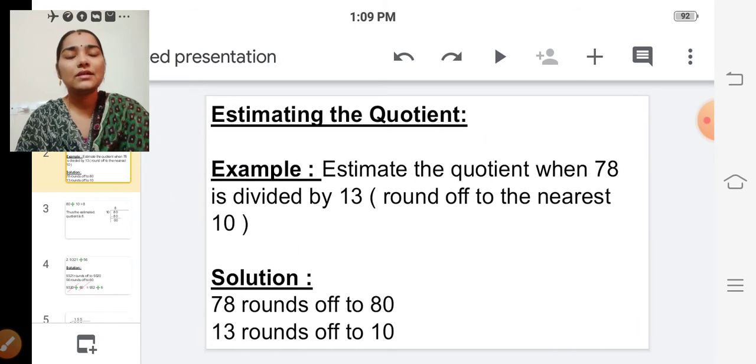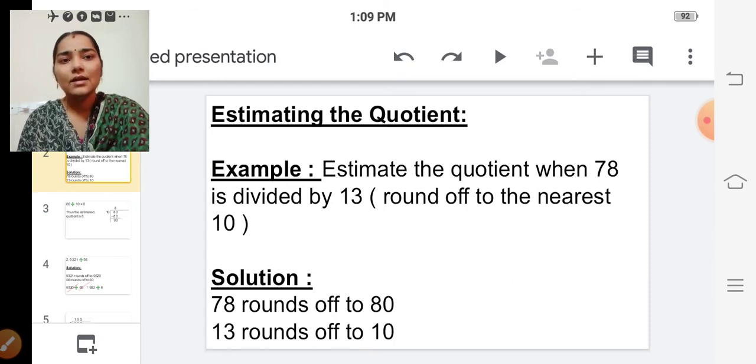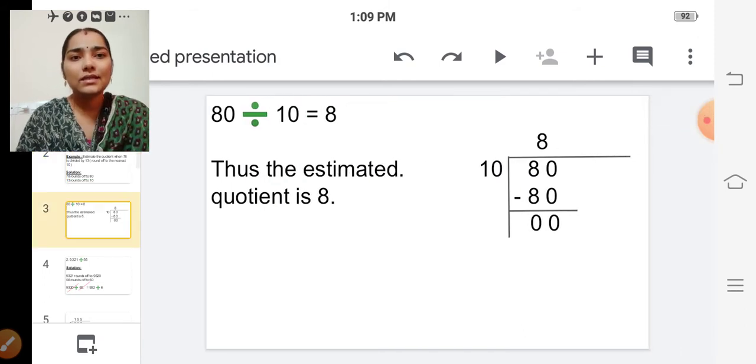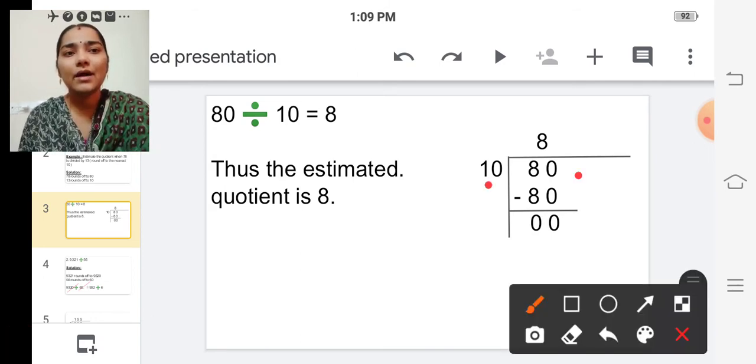So see the solution. 78 rounds off to 80 and 13 rounds off to 10. In the next step, 80 divided by 10. 8 tens are 80, so write that 8 here and 80 here.